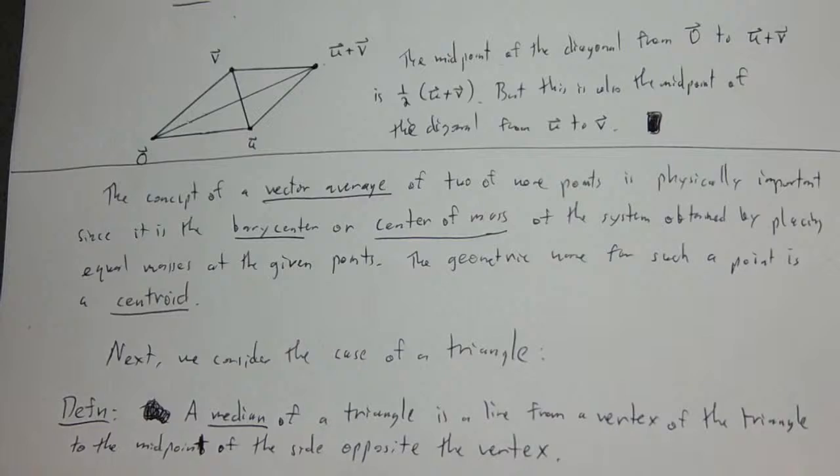Okay. So the median of a triangle is a line from a vertex of the triangle to the midpoint of the side opposite the vertex.